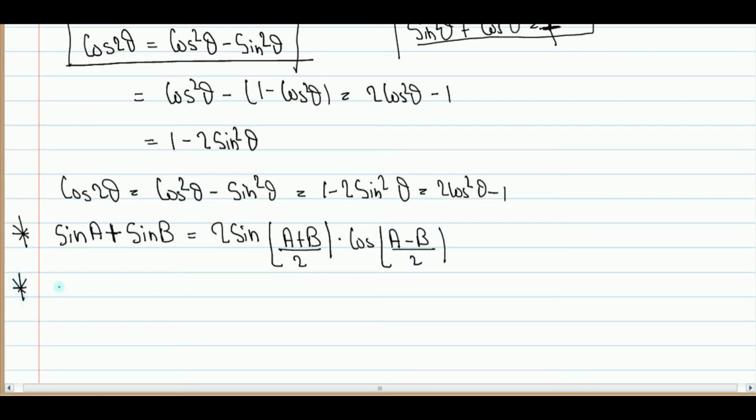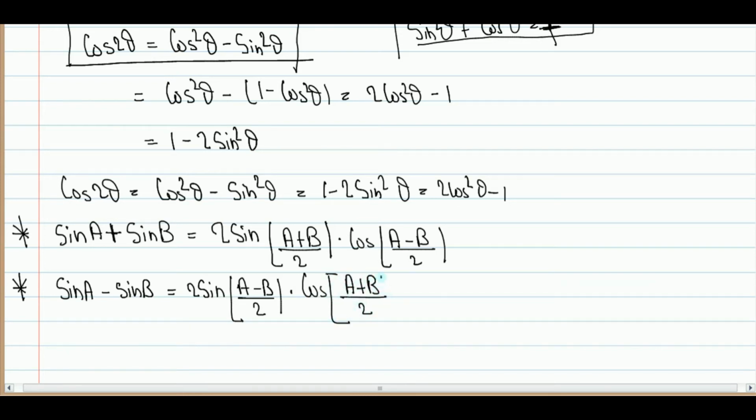Similarly, what will be the value of sine a minus sine b? These are the basics. Memorize these things. 2 sine a minus b by 2 into cos a plus b by 2.